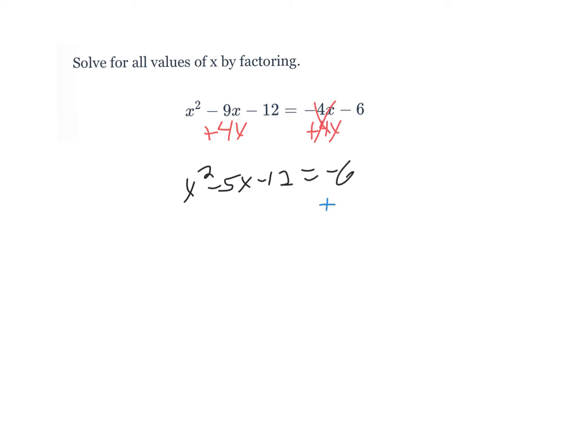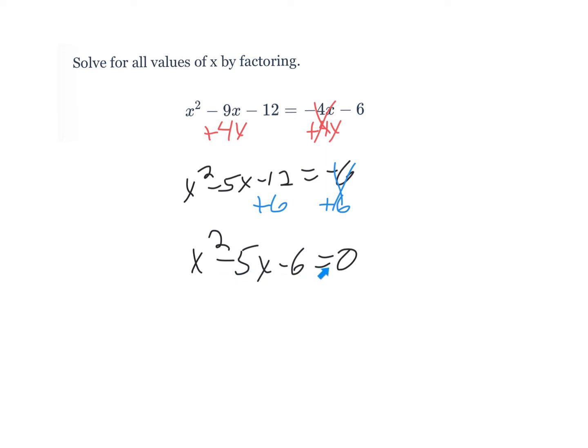So we're going to add 6 to the right side in order to cancel, but we have to add 6 to this side. Now again, be sure you're only adding 6 to the constant. We're not adding 6 to a 5x or anything like that. So a negative 12 plus 6 is what we're going to combine over here. So our new equation is going to be x squared minus 5x minus 6 equals 0.